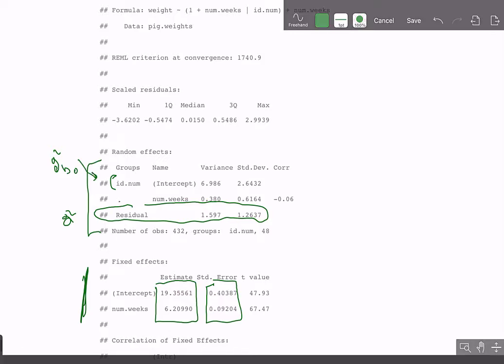Then we have a second row, which is the variance for the random slope, which I'm going to call sigma squared b1. You can see that the random intercept has much higher variance at 6.986 than the random slope, which only has 0.380.